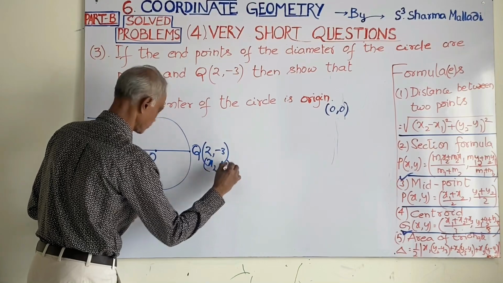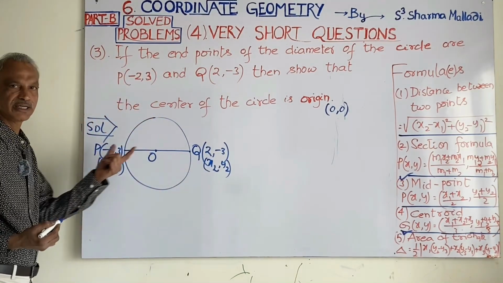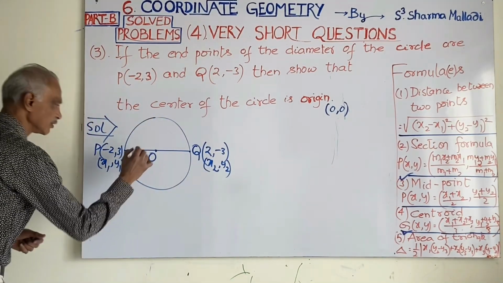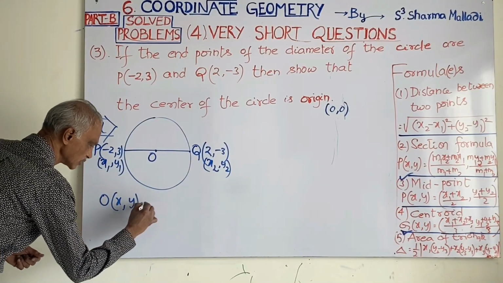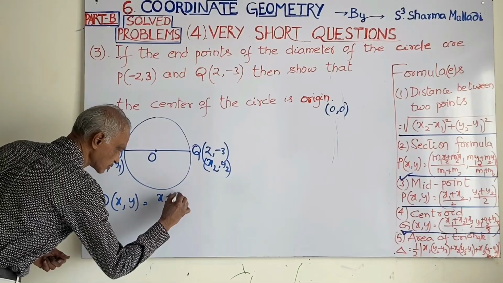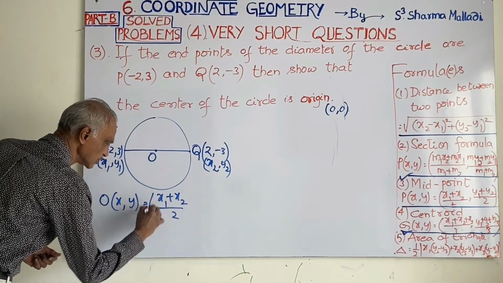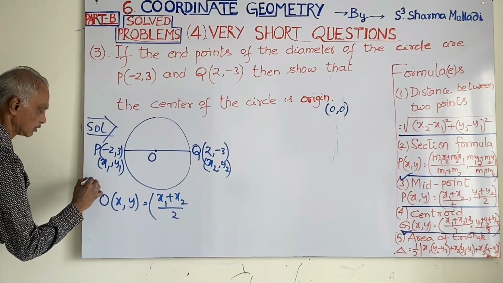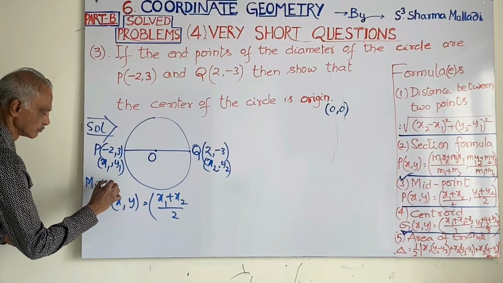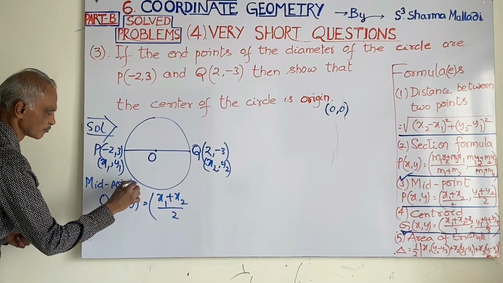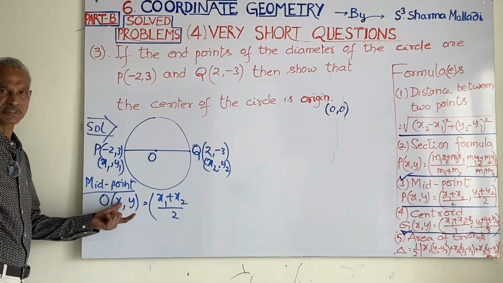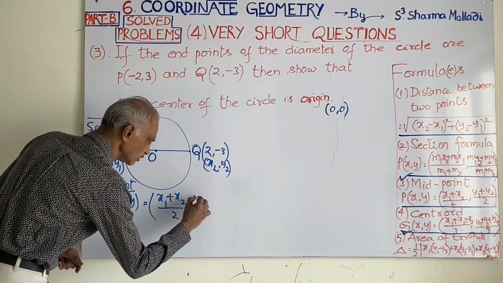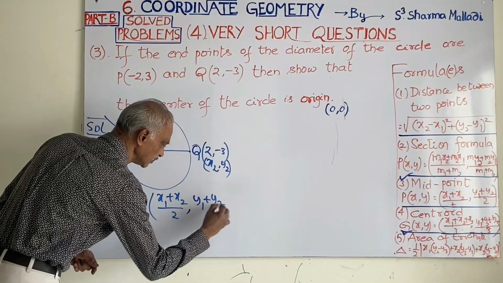You take x1, y1 and x2, y2. What is the formula for midpoint? X coordinate is x1 plus x2 by 2. Y coordinate will be y1 plus y2 by 2.